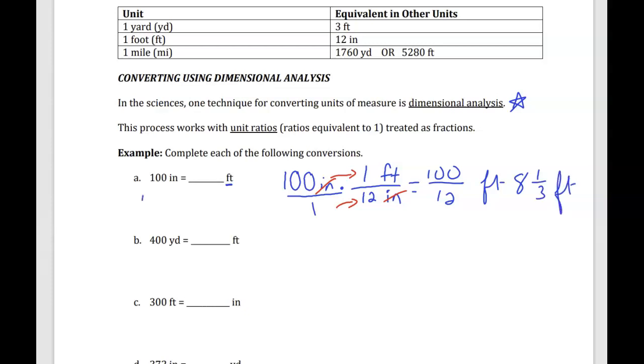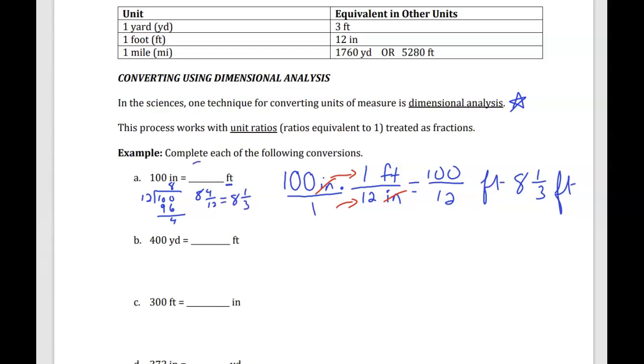Because I can go over here and say 12 will go into 100 8 times, and 8 times 12 is 96. So that's going to leave me with 4. So I get 8 4/12. 4/12, 4 goes into 12 one time. So that's 8 1/3.